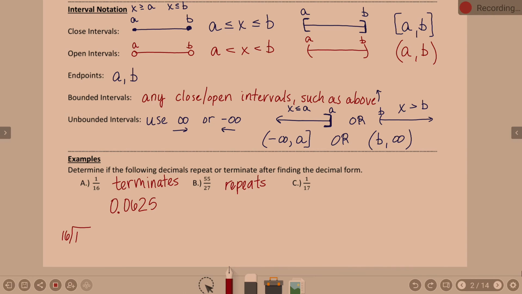Wherever your calculator stops, depending on what digit you stop at, 037, 037, and then 03.